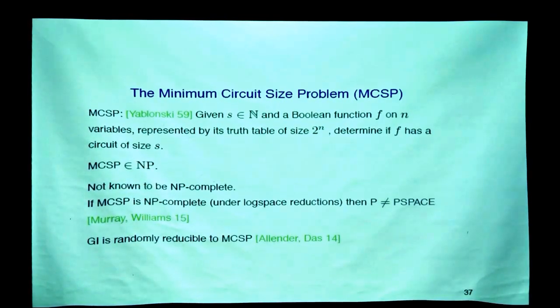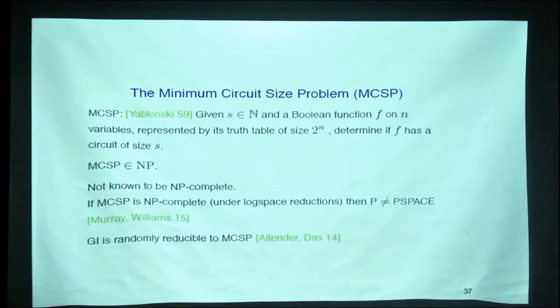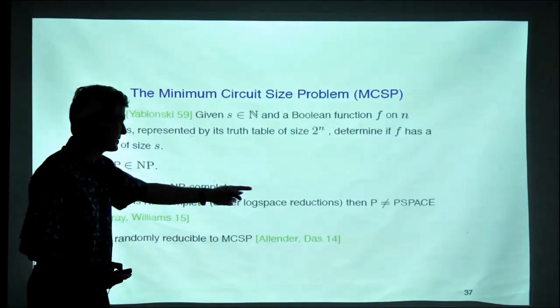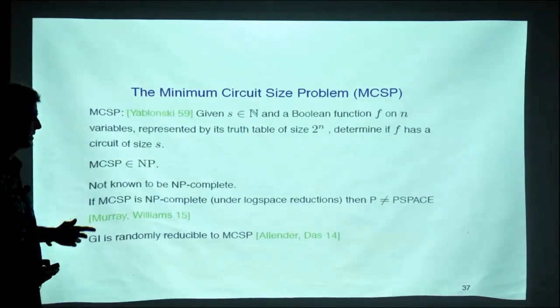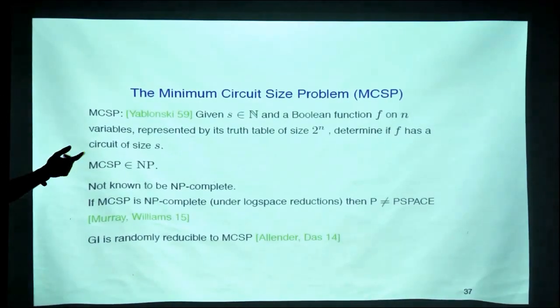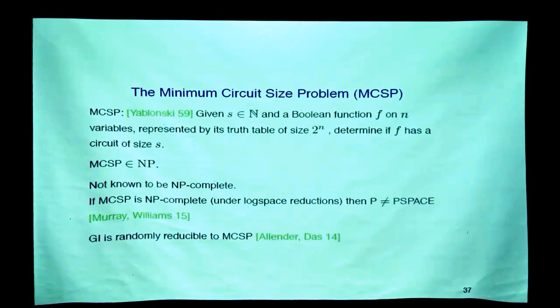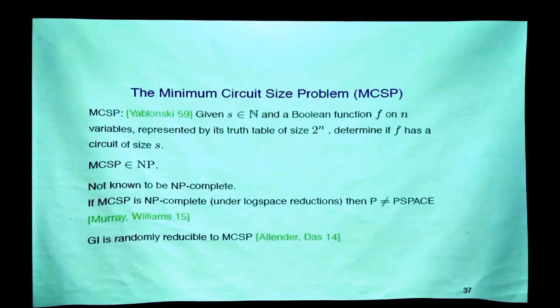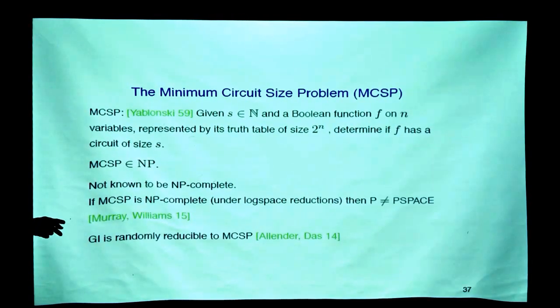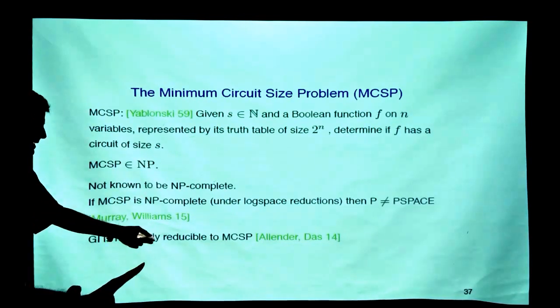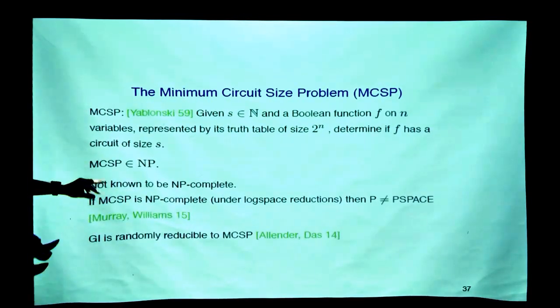It's hard to show that it's complete because it has these consequences. And recently it was proved that Graph Isomorphism can be reduced to that.